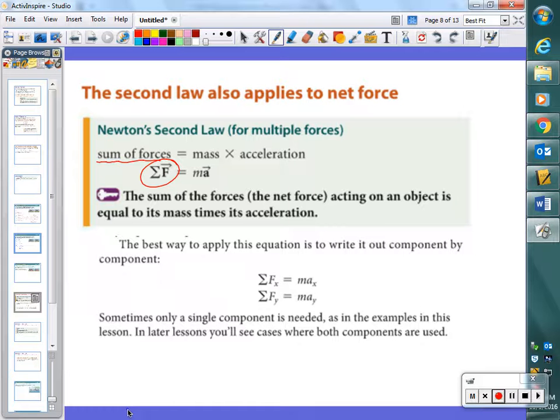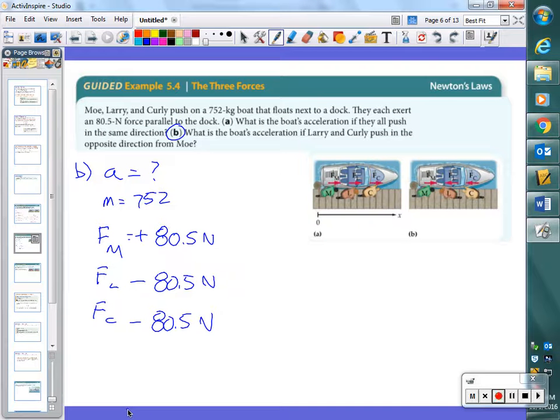And that's true. We always add all of the forces up. It's just in this case, we're adding some negative numbers, right? So when we look at the combined effect of all three of these, we end up with negative 80.5. Does that make sense? That negative 80.5, that would be our net force, sigma F.